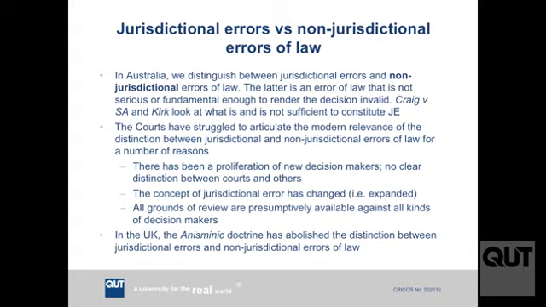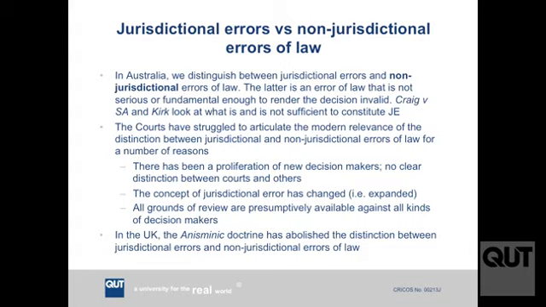This may be because it is trivial or immaterial. Only serious or fundamental breaches will be sufficient to constitute jurisdictional error. Craig and South Australia and Kirk both look at what is and is not sufficient to constitute jurisdictional error.